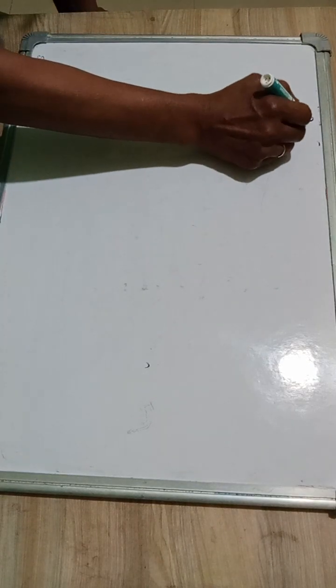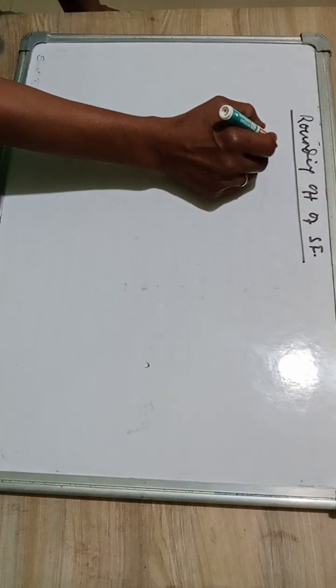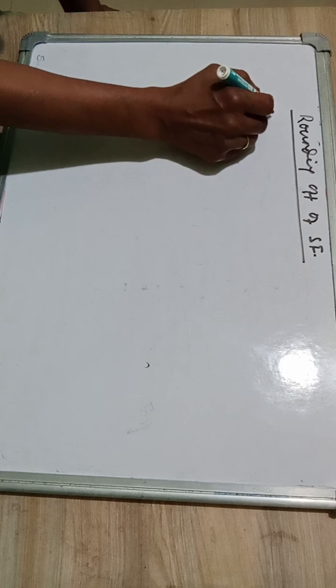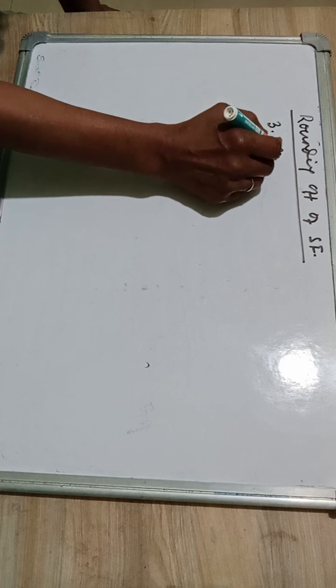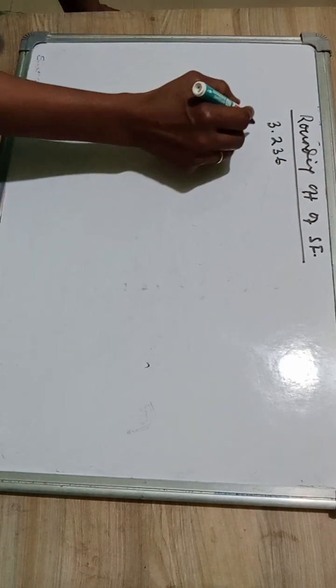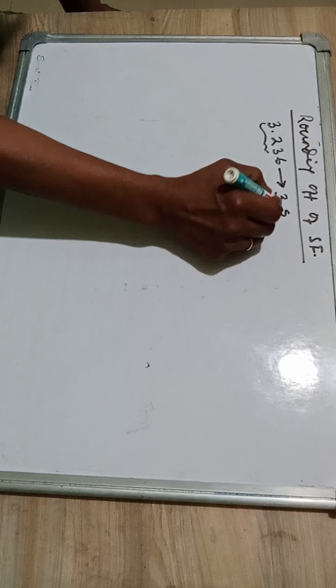Before studying arithmetic addition, subtraction of significant figures, let us study rounding off of significant figures. That means if any digit is to be dropped, suppose any result is 2, 3, 6 and we have to round off to its nearest 3 significant figure.